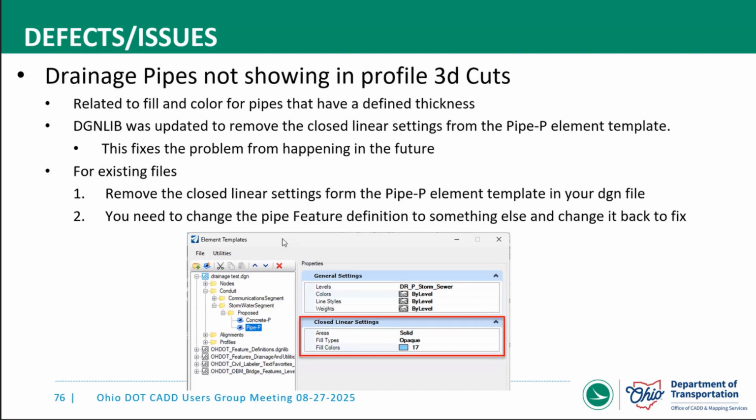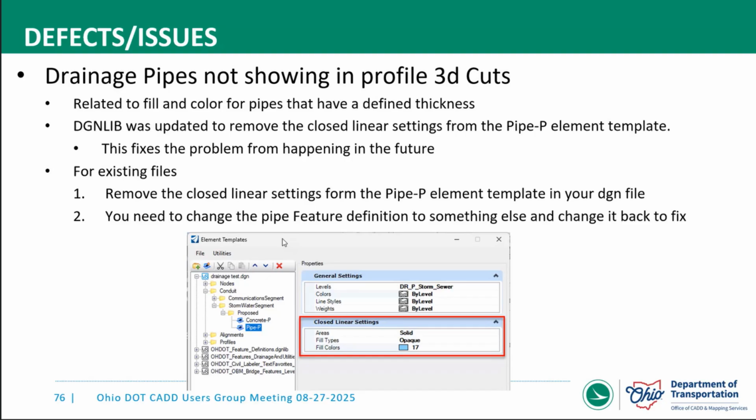Any of the feature definitions for the pipes that had a material defined, those have always worked. It's the ones that didn't have material, because for the type B, you can use concrete, metal. So I didn't put a material type on it. I just had it show a solid blue color.